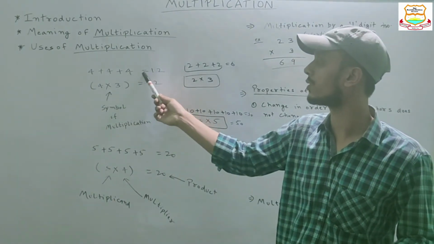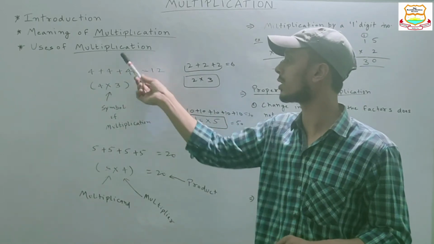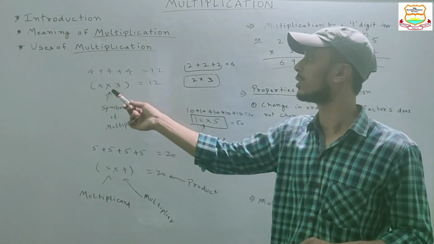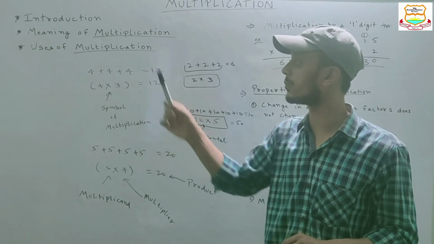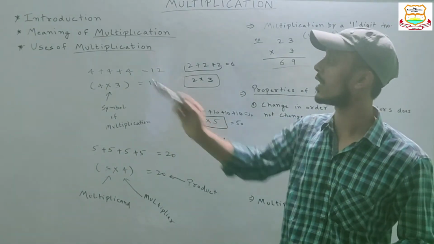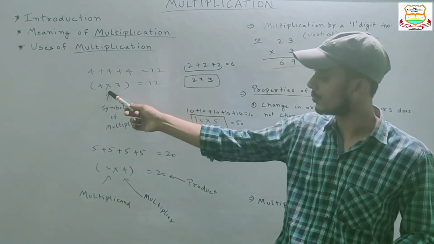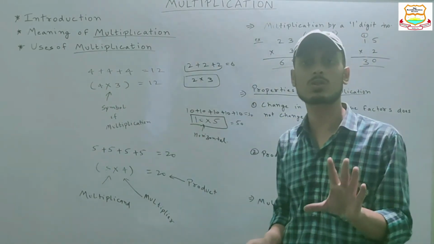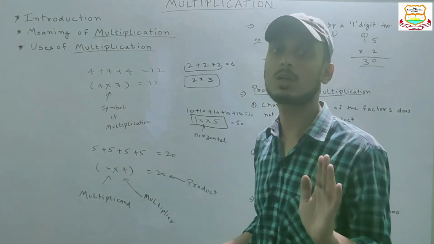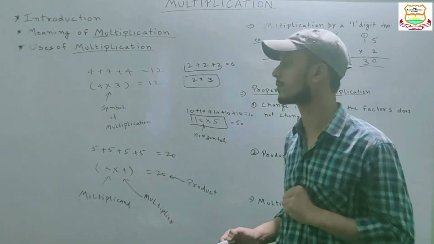So the answer is 12. We can write this addition in a short form like this, and this is called multiplication form. This is called addition form. So we saw the symbol of multiplication. This x or cross is the symbol of multiplication.